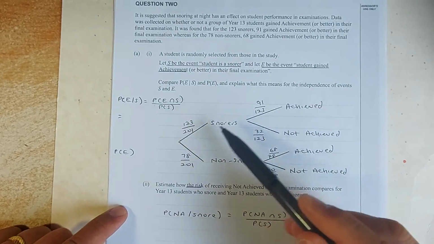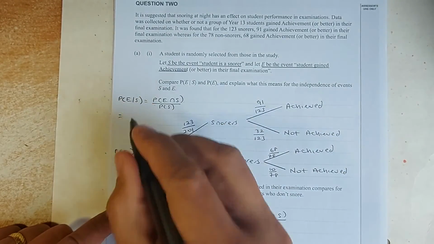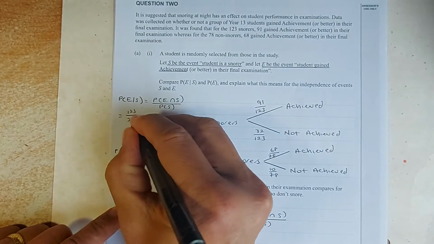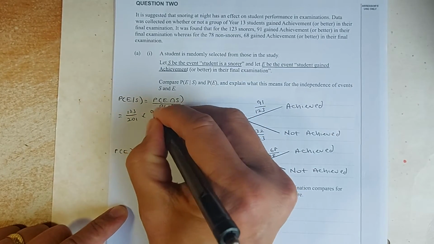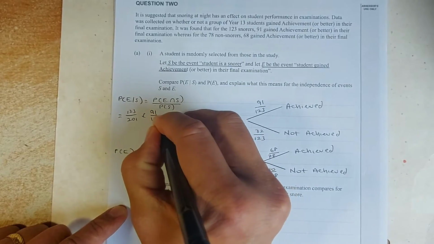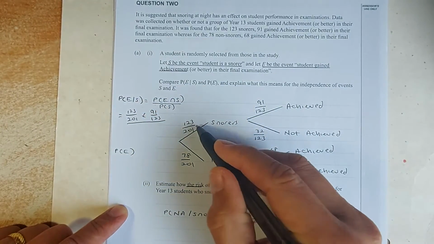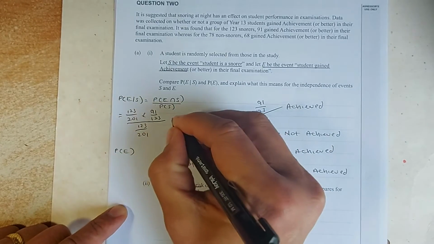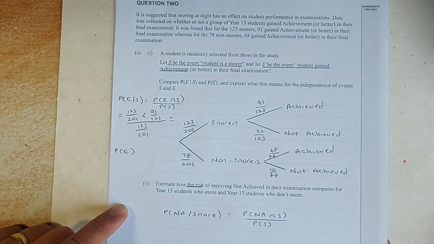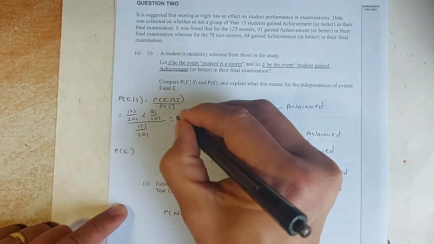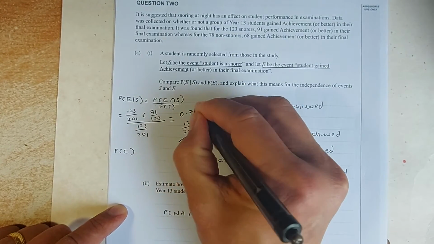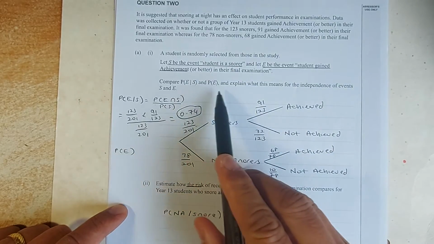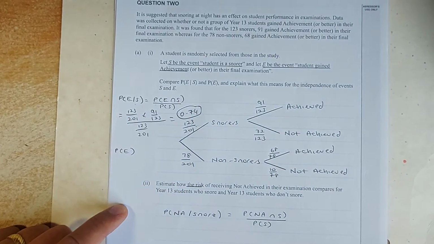So we're going to calculate this multiplied by that: 123 divided by 201 multiplied by 91 over 123. And the probability of snorers is going to be 123 over 201. You put it in your calculator, and it's going to be 0.74. That will be the answer for the probability of E given S.